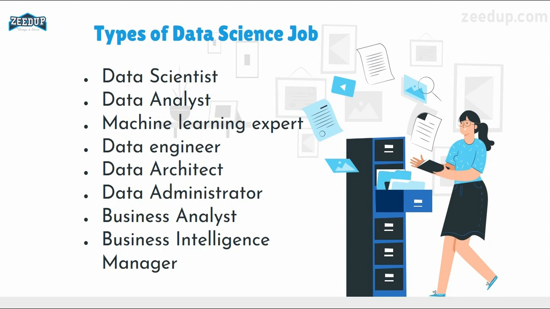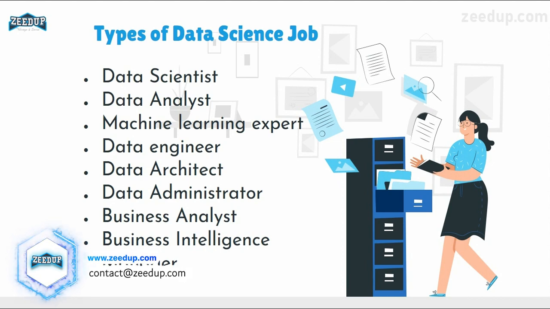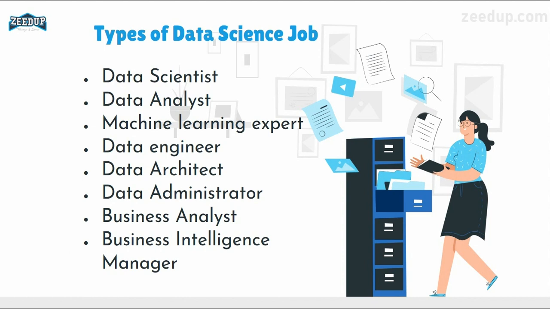Now, these are some of the job titles that you can adopt after learning data science, but all these different job titles are different from one another and require different kinds of skill sets. So what are the skill sets required for each of these jobs? This we will take a look at in a later video.